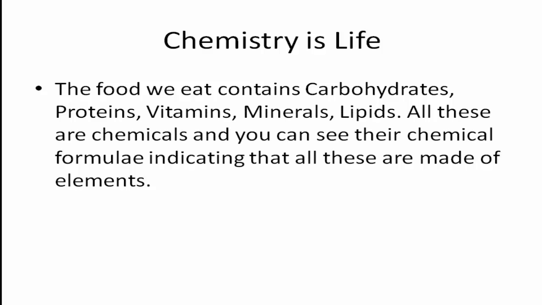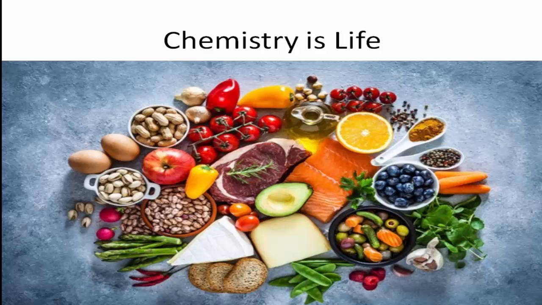The food we eat contains carbohydrates, proteins, vitamins, minerals, lipids. All these are chemicals, and you can see the chemical formula indicating that all these are made of elements. If we take the example of the basic carbohydrate, that is glucose, the chemical formula of glucose is C6H12O6. It means it is a chemical.